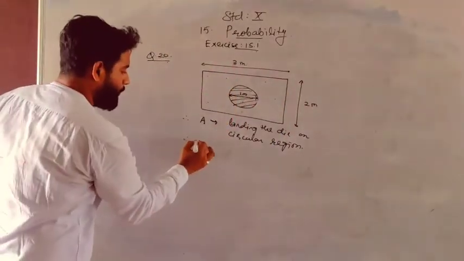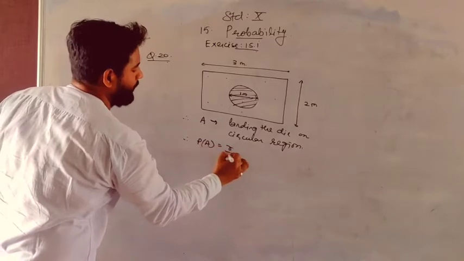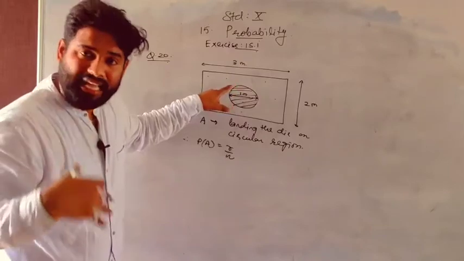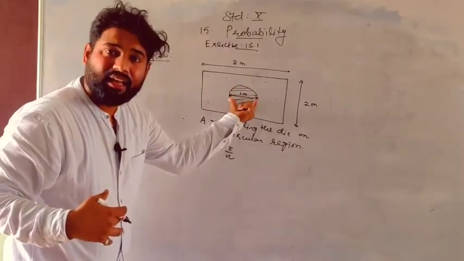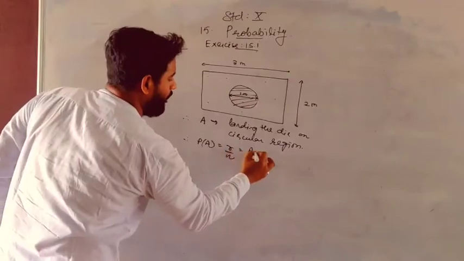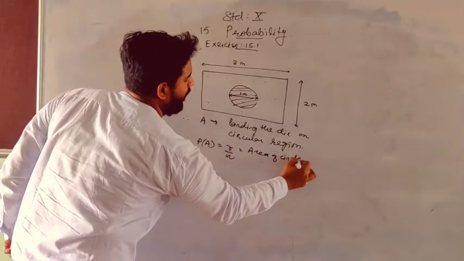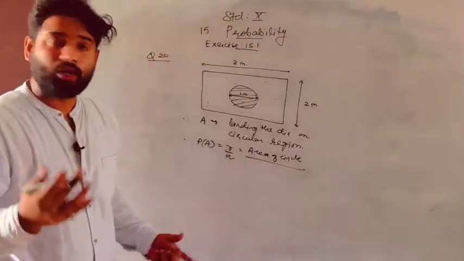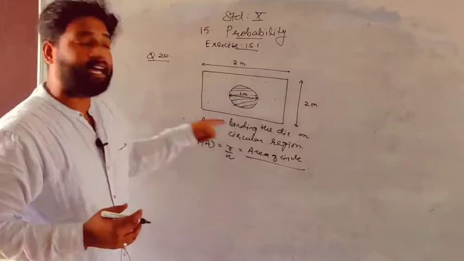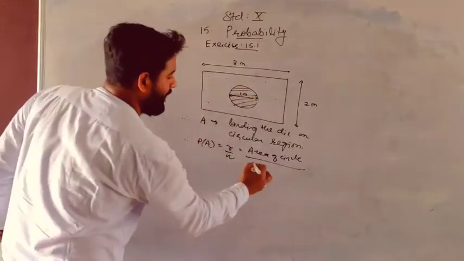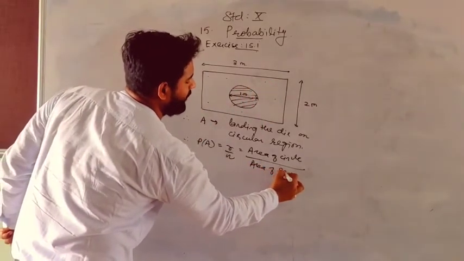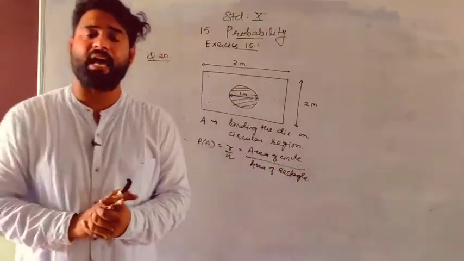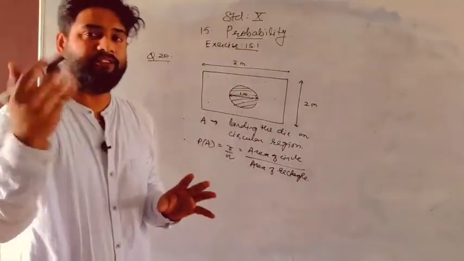So you know that the probability of any event is going to be R upon N. Now you want the dice to land in this area, so R will be the area of the circle, because that is your desired part. And the total? It can land anywhere on the area of this rectangular region, so total is going to be the area of the rectangle. If this kind of figure comes in the examination, just check, they will give you a certain desired part.